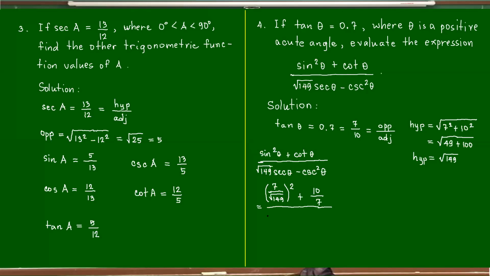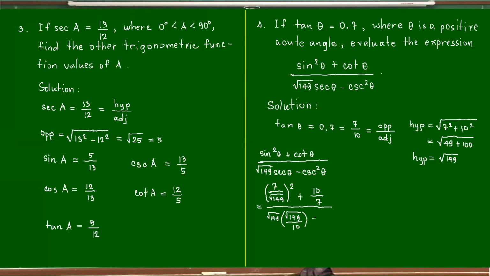And then the square root of 149 times secant theta, which is hypotenuse over adjacent, so the square root of 149 over 10.